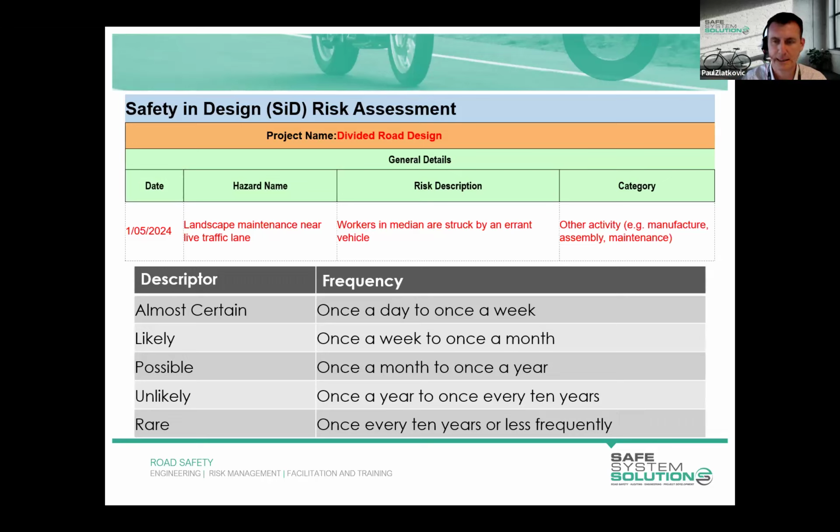The hazard in this case is vehicles in a live traffic lane, so moving traffic, and the risk I've described is that a vehicle leaves the live traffic lane into the median and strikes a worker that is maintaining that landscaped median.